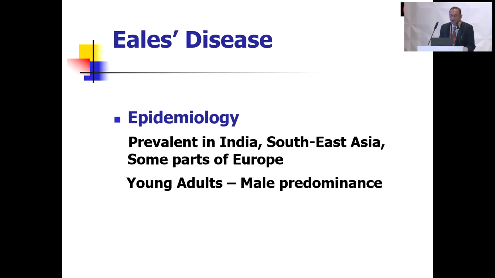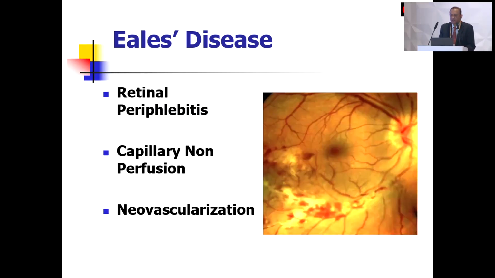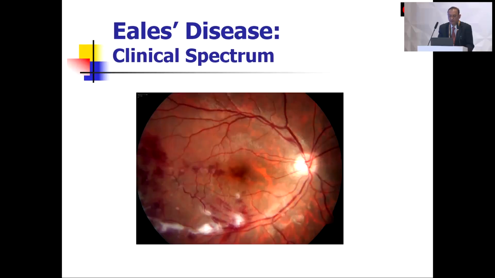It's prevalent in India, Southeast Asia, and some parts of Eastern Europe, and somehow it has a male predominance. The disease is characterized by a triad of retinal periphlebitis, capillary non-perfusion, and neovascularization.